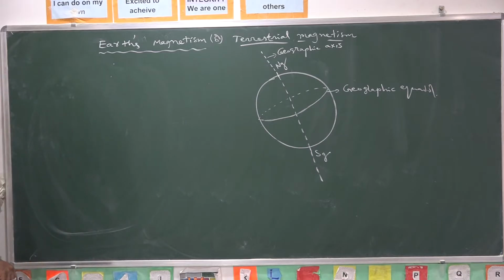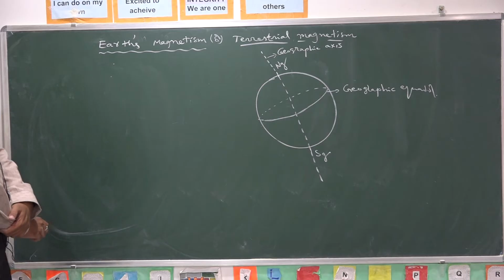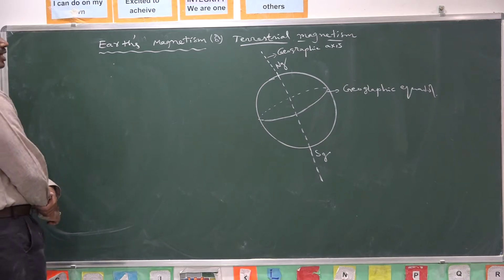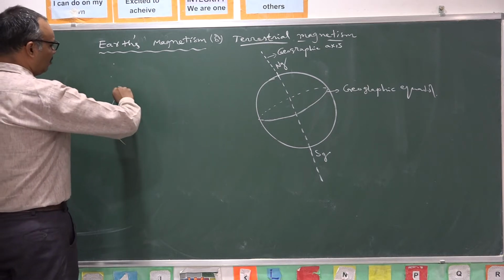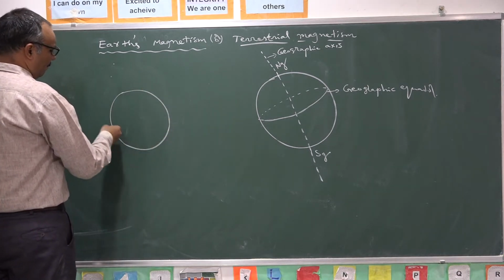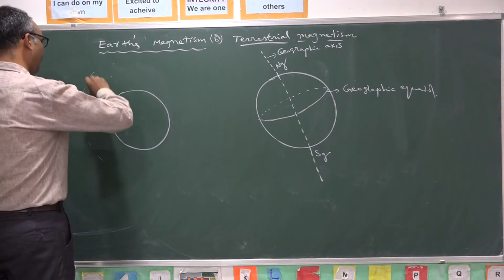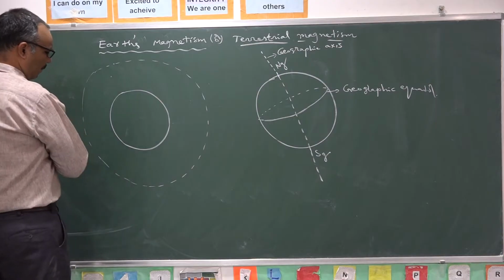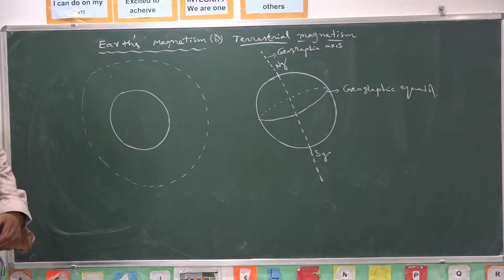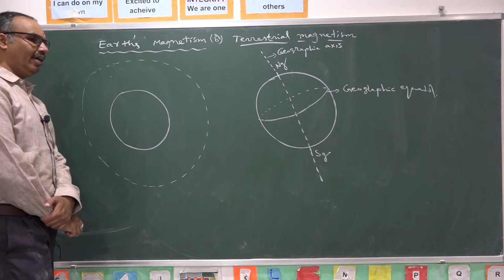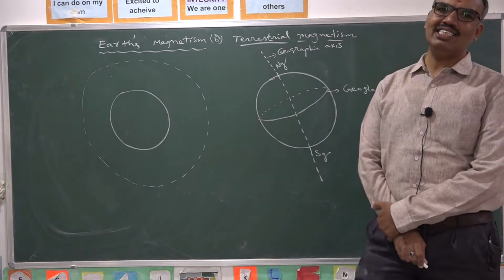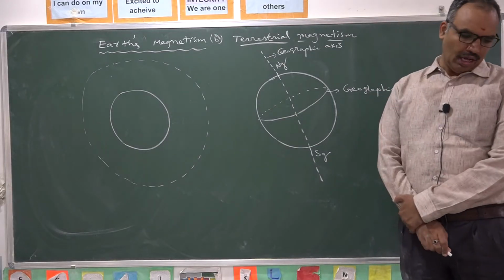Later, in the modern era, modern scientific research suggested two more theories. As per the modern theory, Earth is surrounded by some ionized zone. Earth is surrounded by ionosphere. In ionosphere, all the atoms and molecules are in ionized state.